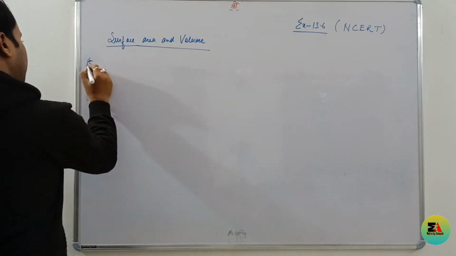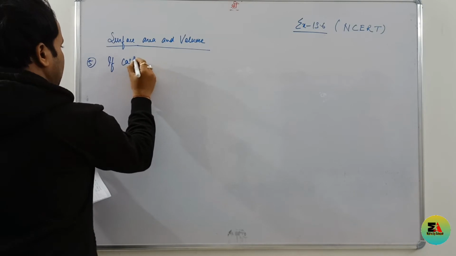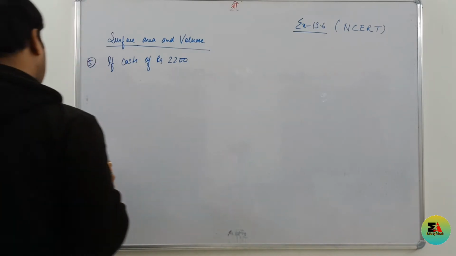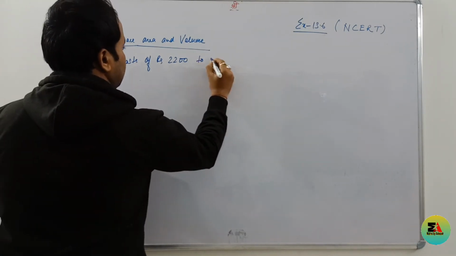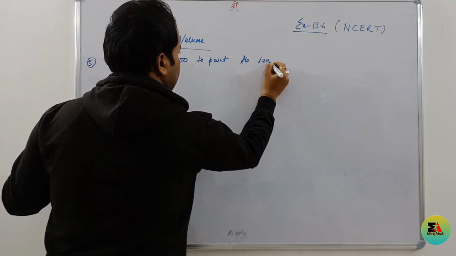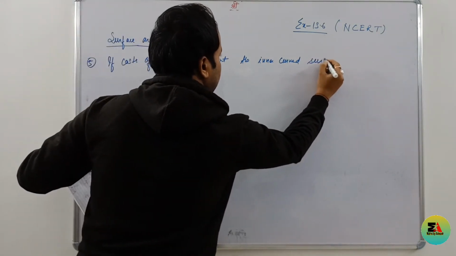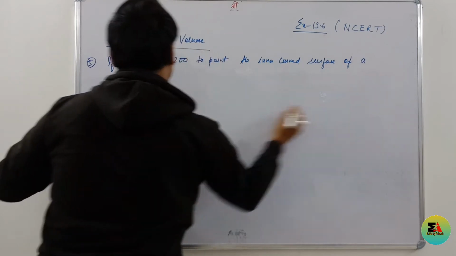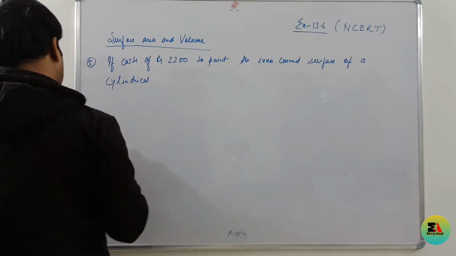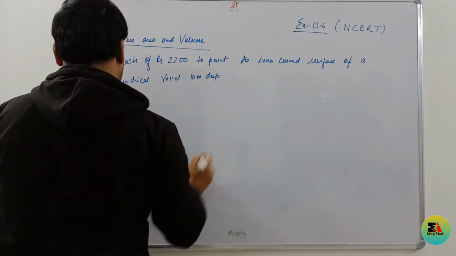Take another question. This is question number 5. Question is said, if cost of rupees 2200 to paint the inner curved surface of a cylindrical vessel is 10 meter deep.